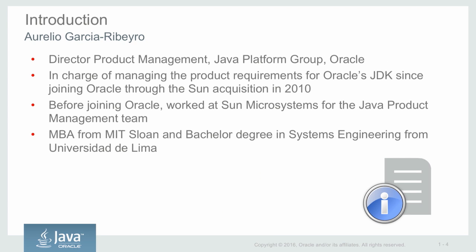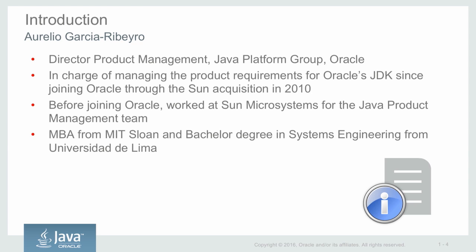About myself, I'm a director of product management with Oracle. I'm in charge of the Java Standard Edition part of the product. I've been with Oracle since JDK 10. I'm sorry, since 2010, around the release of JDK 7, that's when I joined.